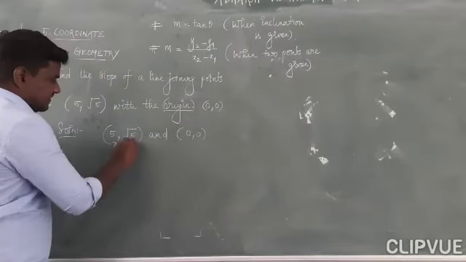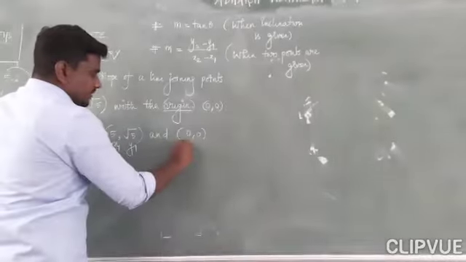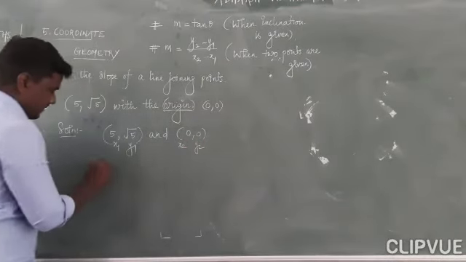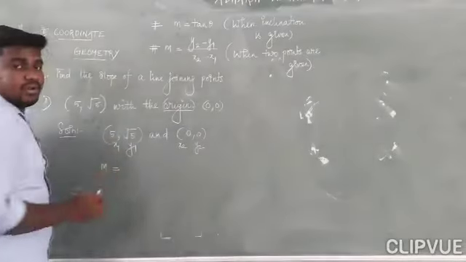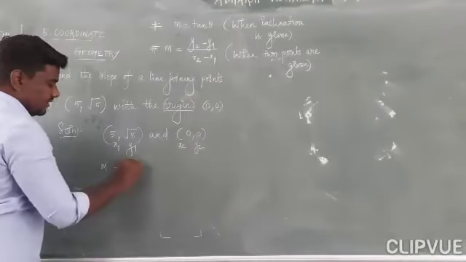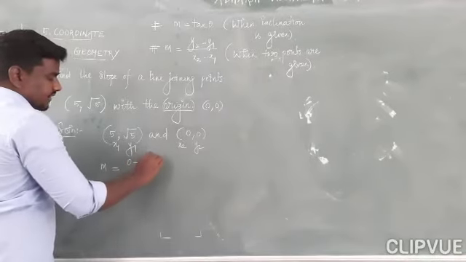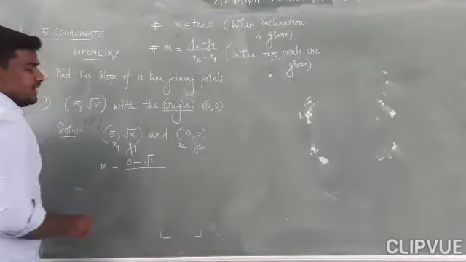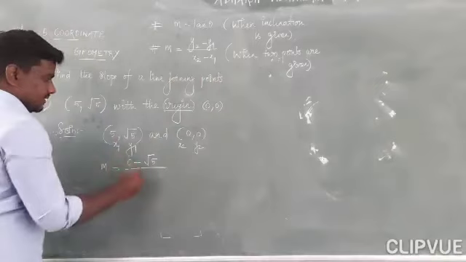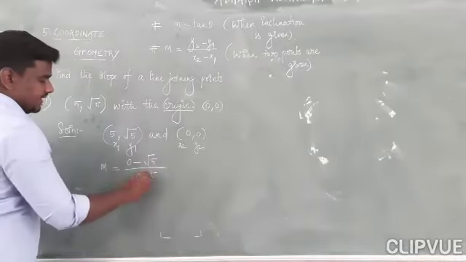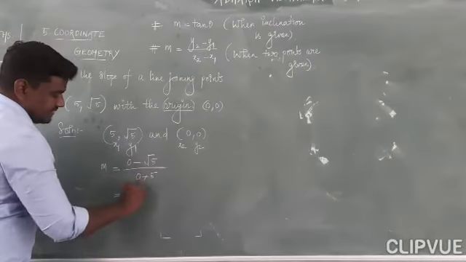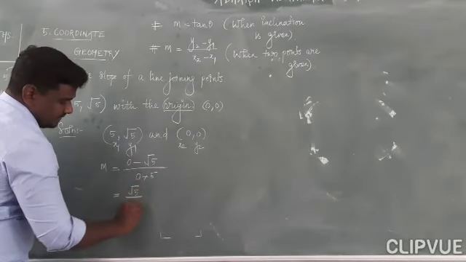You can take these as x1, y1, x2, y2. So m is equal to, the formula is y2 minus y1 by x2 minus x1. Here y2 is 0 minus y1 is root 5, divided by x2 minus x1, 0 minus 5. So minus minus will be cancelled. So we get root 5 by 5.